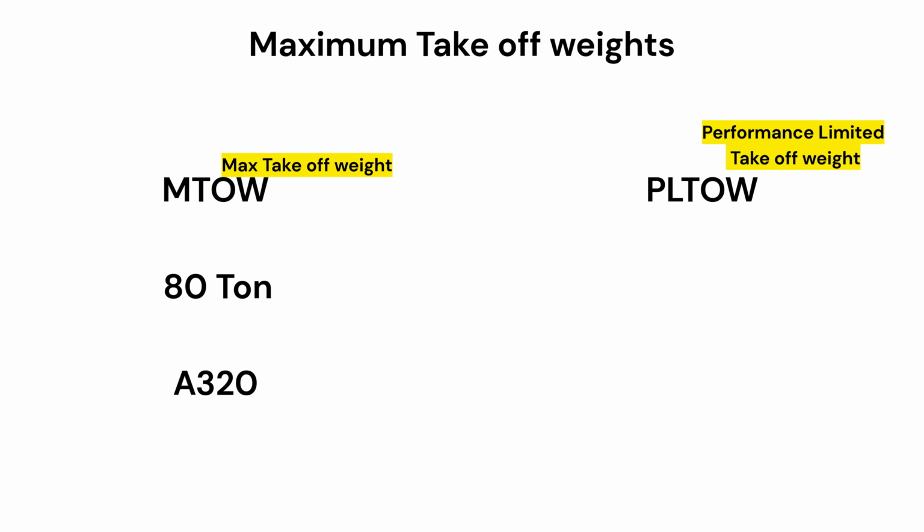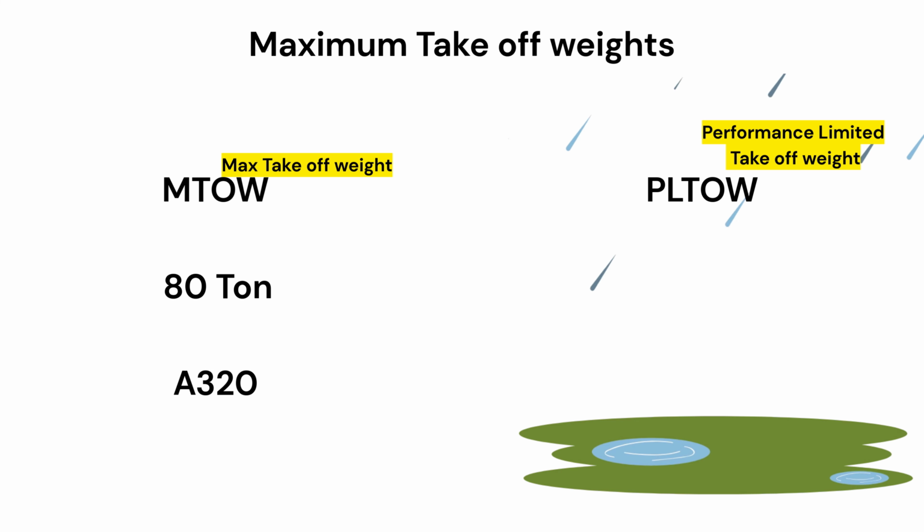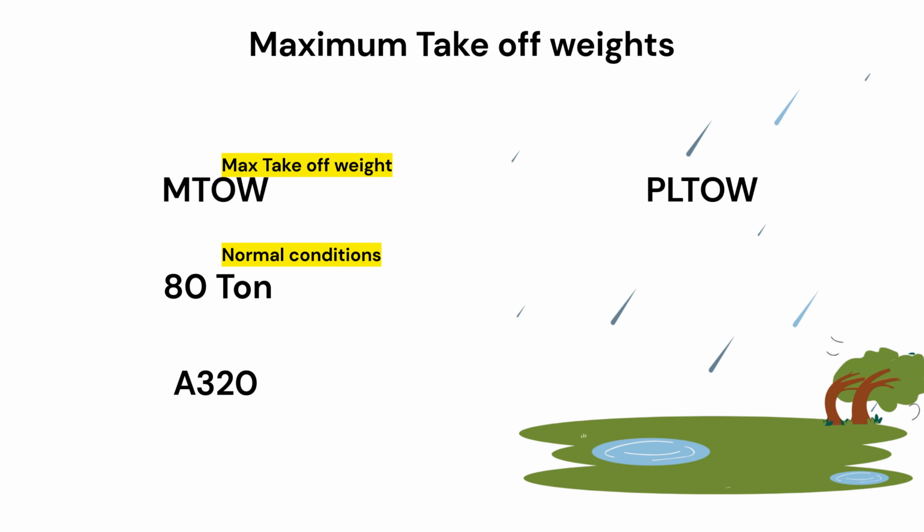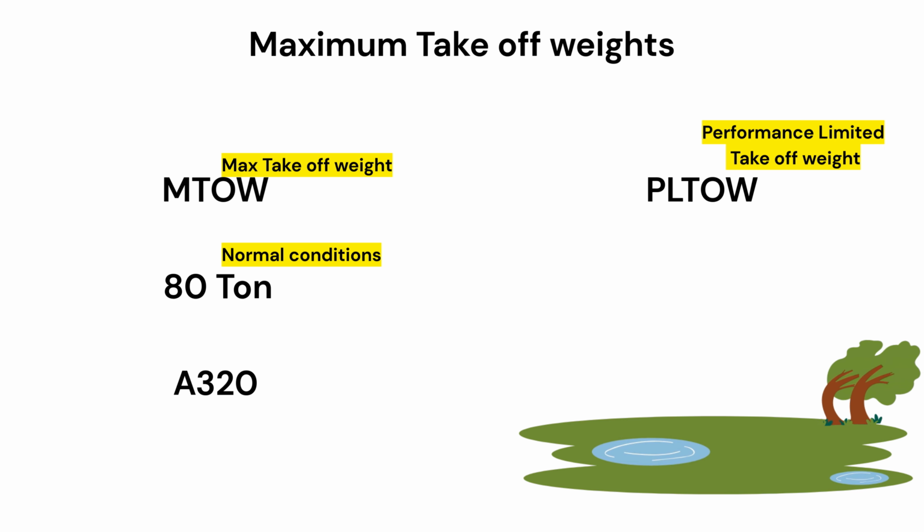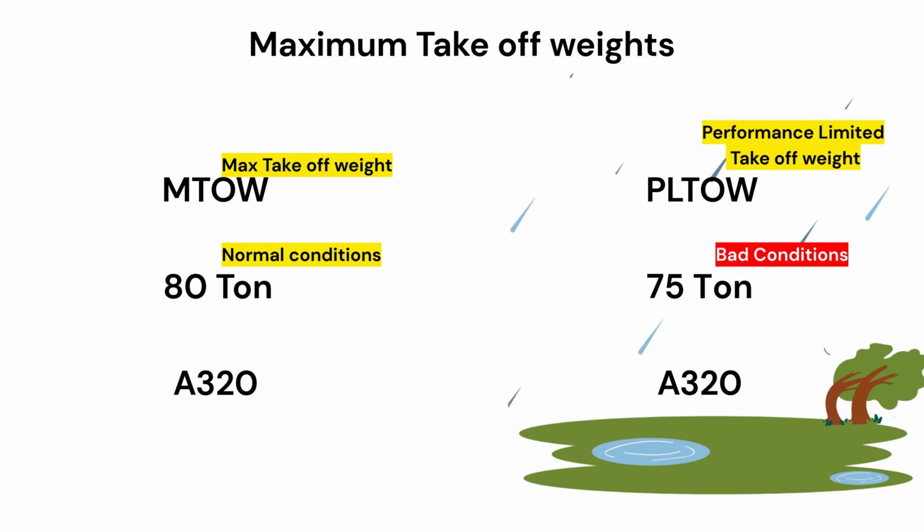Performance limited takeoff weight applies when conditions aren't ideal. Let's say it's raining or wind isn't in your favor. The aircraft's max takeoff weight considers normal conditions. If it's raining, you need more runway length to fly. So now you consider performance limited takeoff weight. In bad conditions, this might drop to 75 tons.